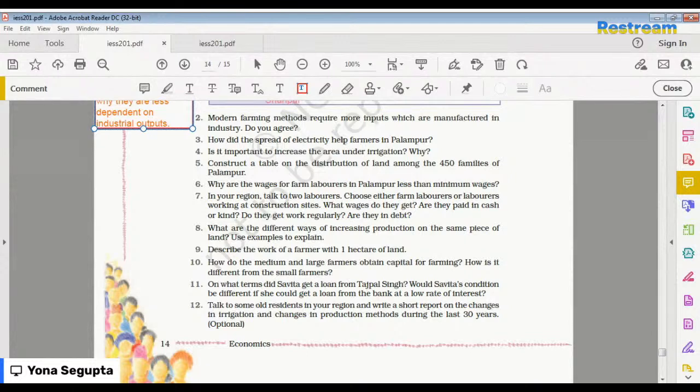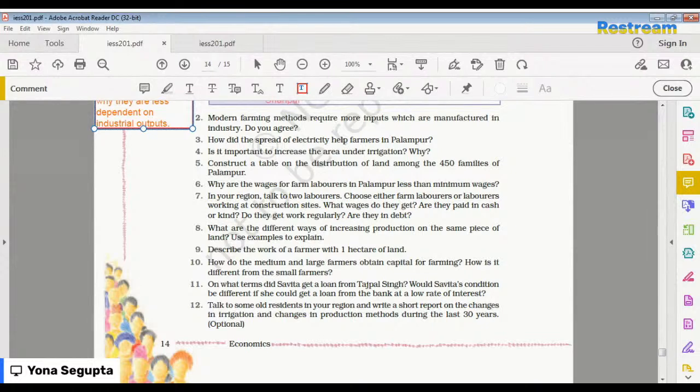But after the spread of electricity, electric tube wells replaced these Persian wheels, and the first tube well was installed by the government, but later private tube wells were also set up by the farmers, resulting in the cultivation of the entire 200 hectares of irrigated land by the 1970s.